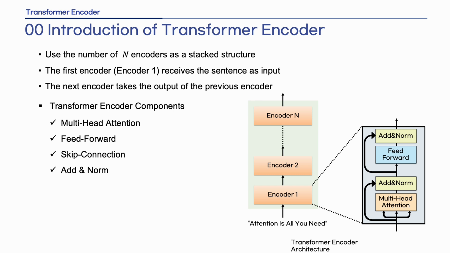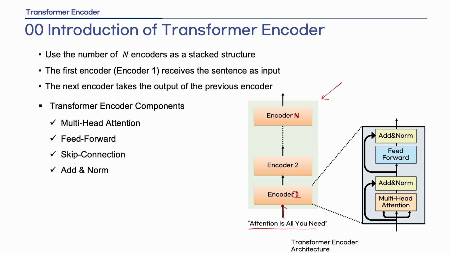Okay, then let's look over the structure of the encoder model of a transformer. Here is a visualized example of an encoder. As you can see, the input is typically a sentence, and this sentence is fed into the first encoder. There are n encoders structured in this format.